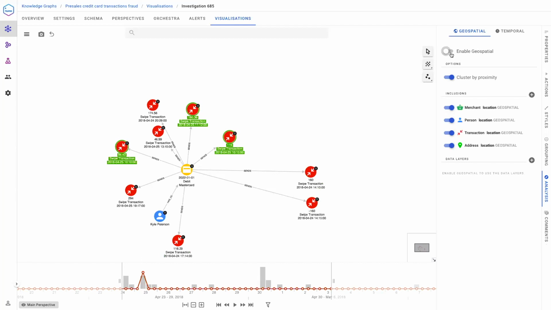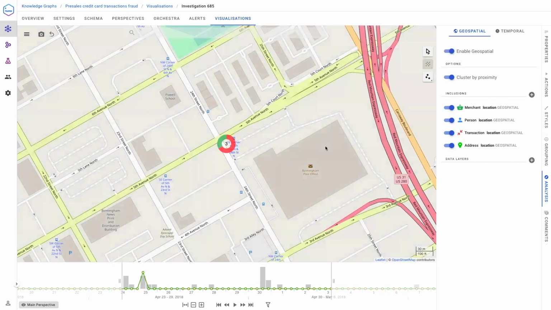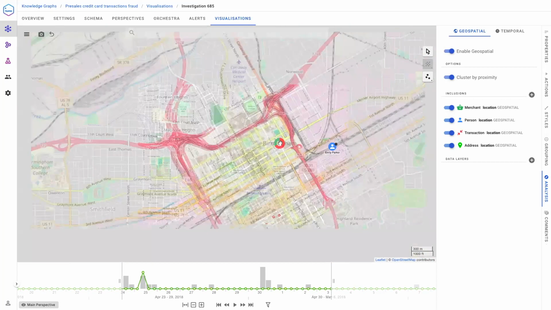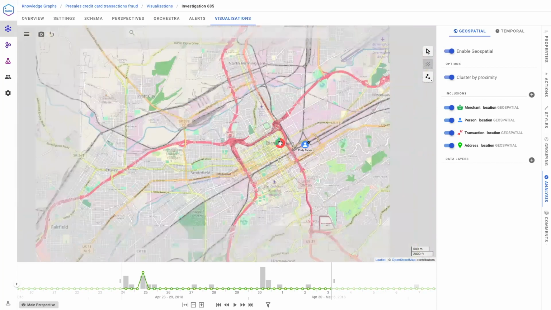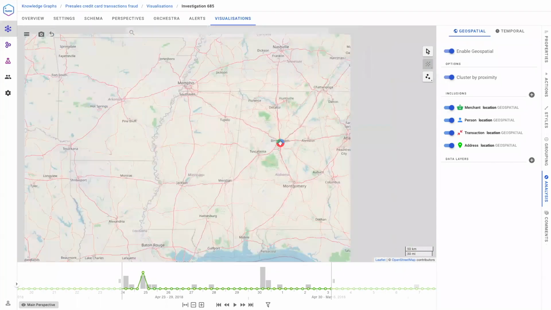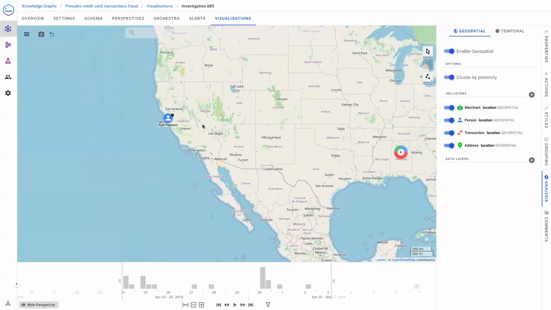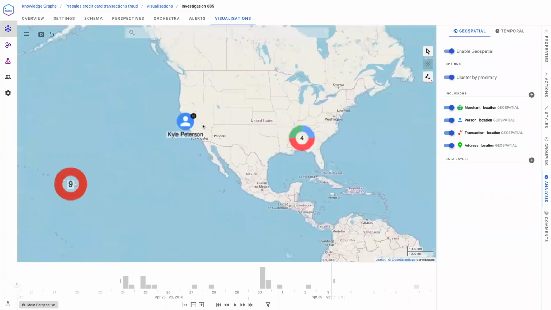How does that look on the map? I see that the credit card holder is not registered in Birmingham. So zooming out, I find the person here registered in California. Well, it can be that he or she paid in the shop.